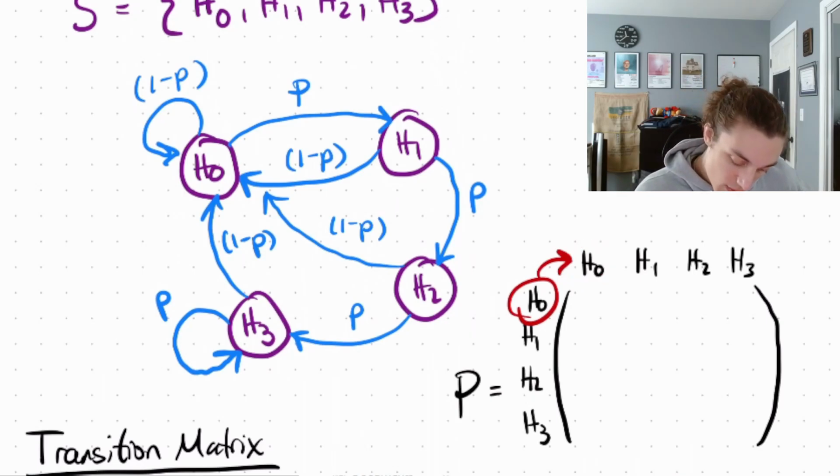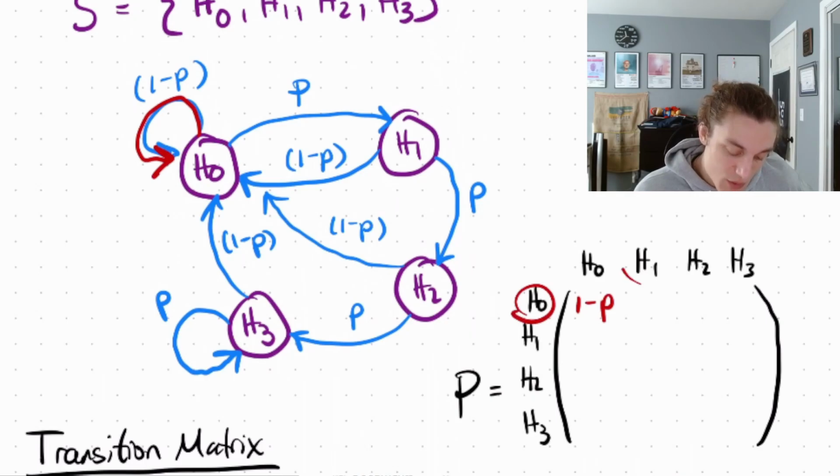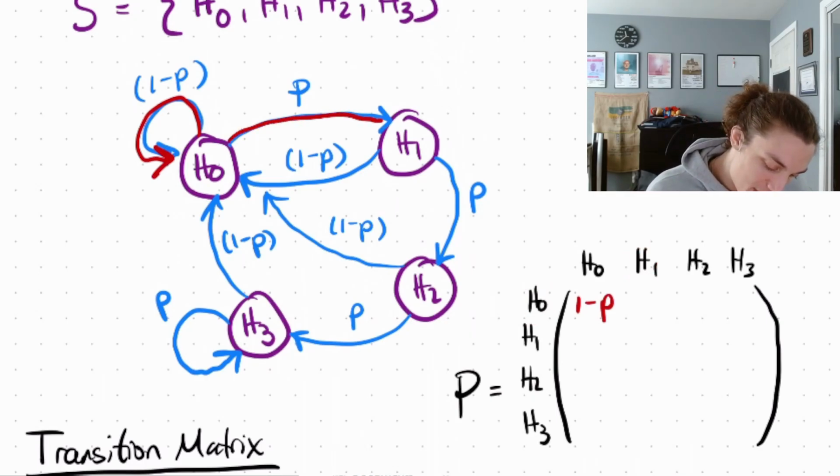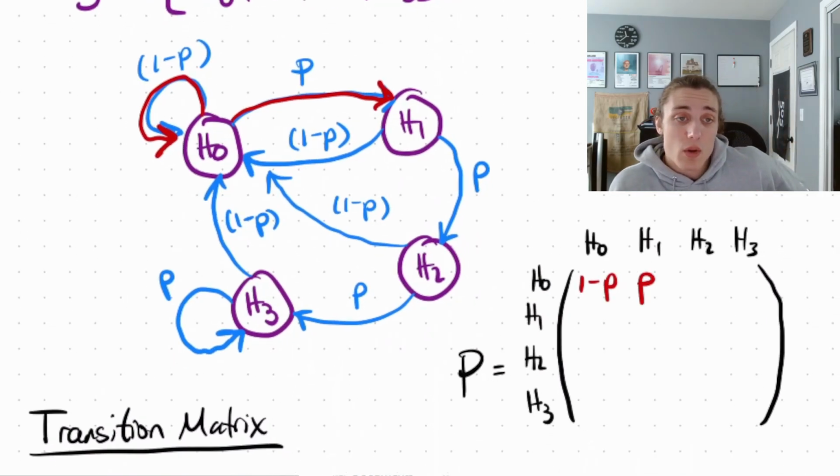Okay, so H0 to H0, what's the probability? Well, we already drew that in the diagram right here. It's 1 minus p. So we're going to put 1 minus p. What is the probability of going from H0 to H1? Well, that probability is right here. It's p. And we know that the sum has to be 1.